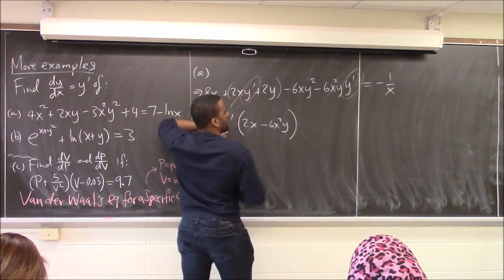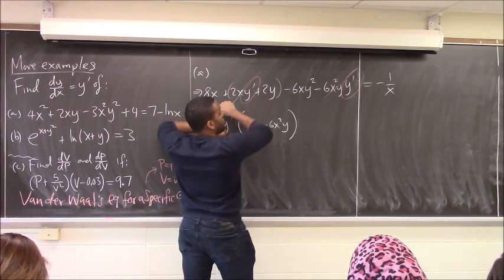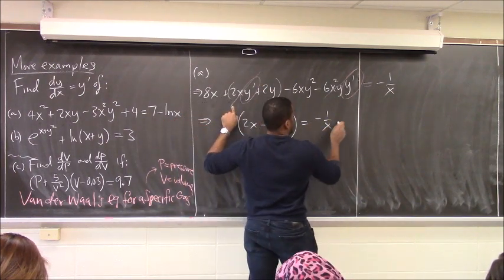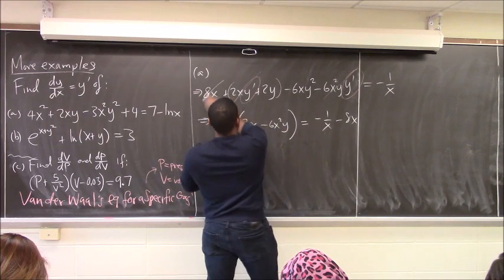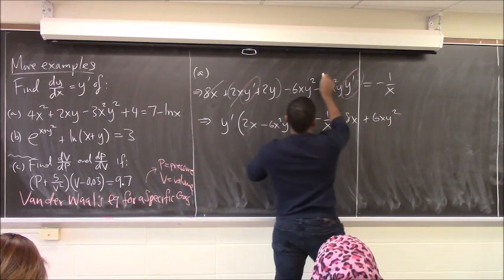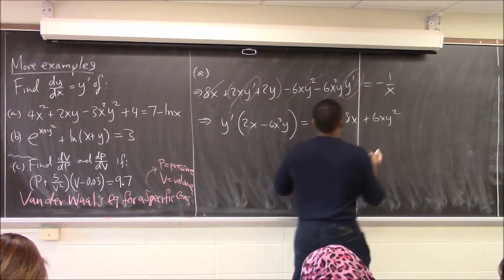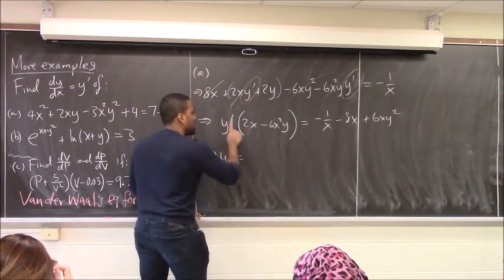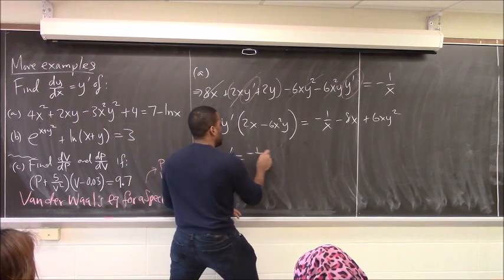That was the only one that had y primes in it. So now I'm going to move everyone else to the other side. Minus 8x plus 6xy squared. And that's everyone. And so now I can solve for y prime by just dividing both sides by this.